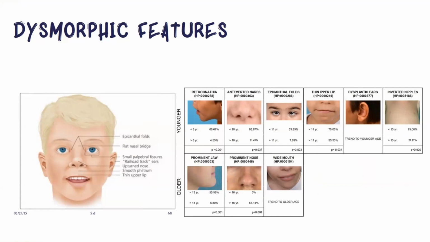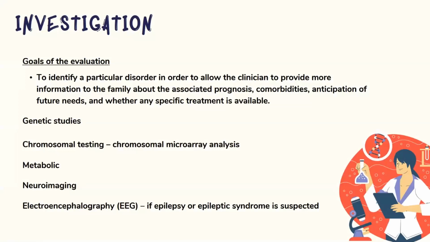All right, next. So investigation. Our goal is to identify the particular disorder so that we can provide more information to the family. However, the approach may differ if there's associated autism, cerebral palsy, or epilepsy.